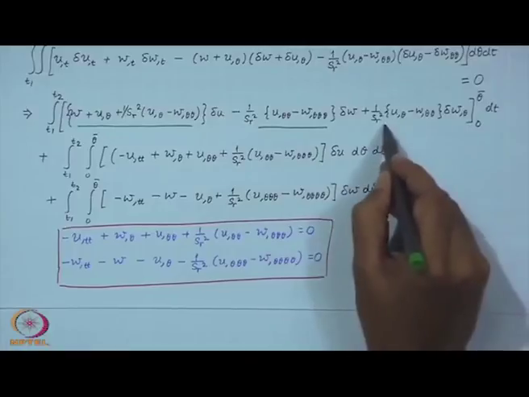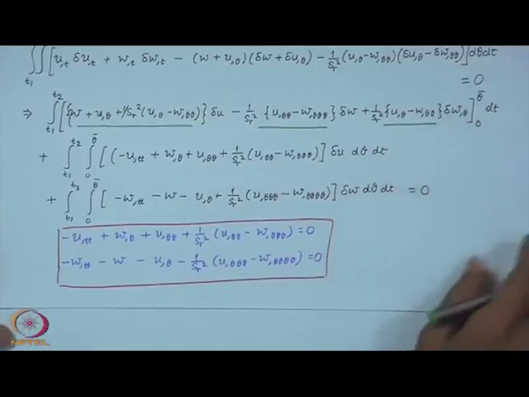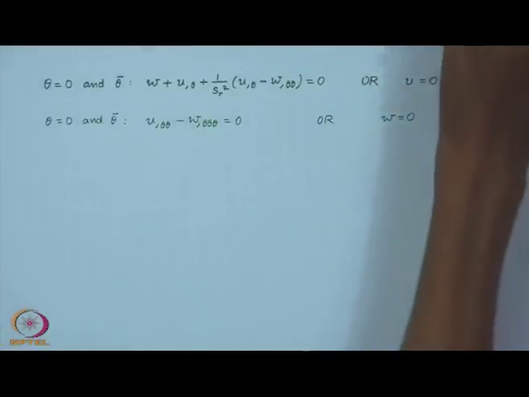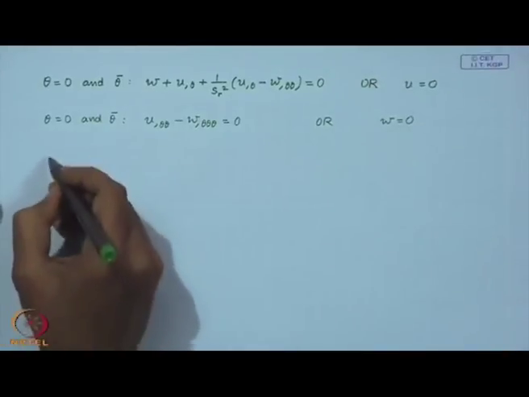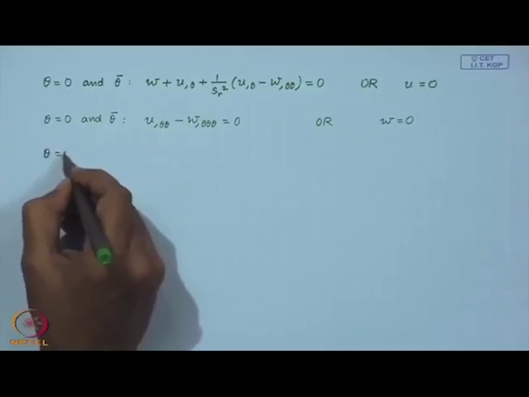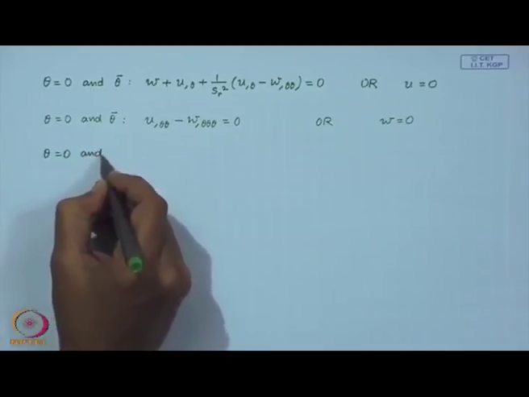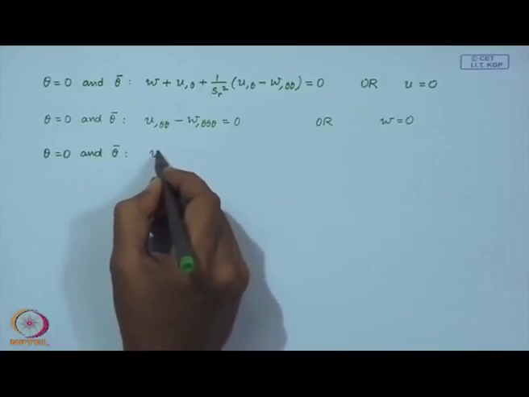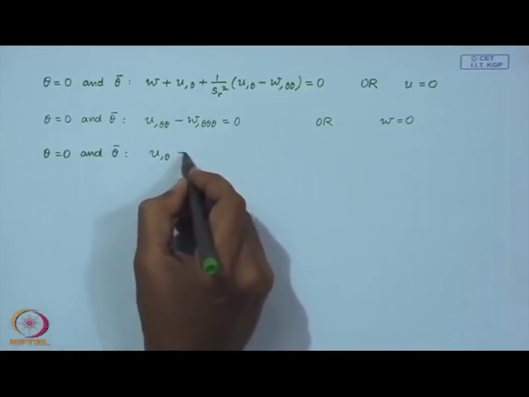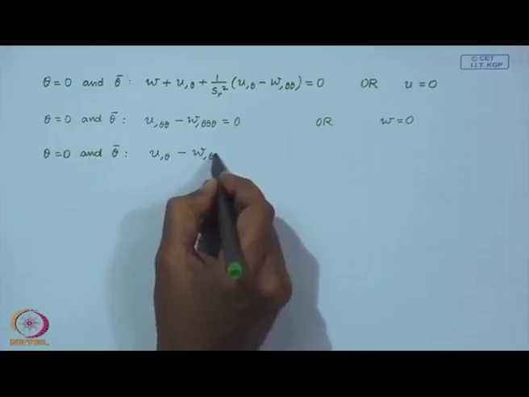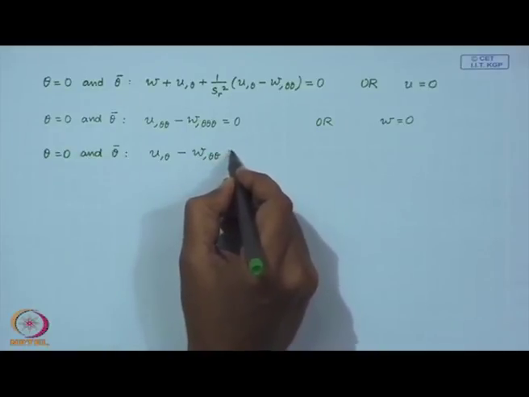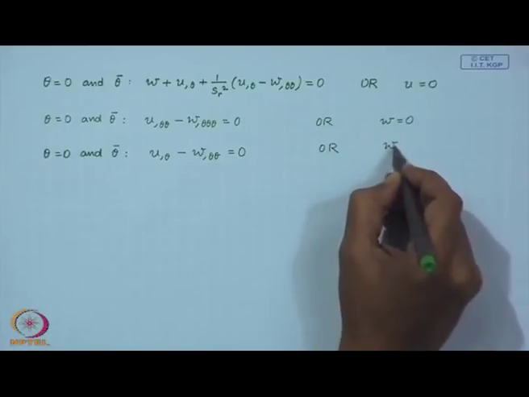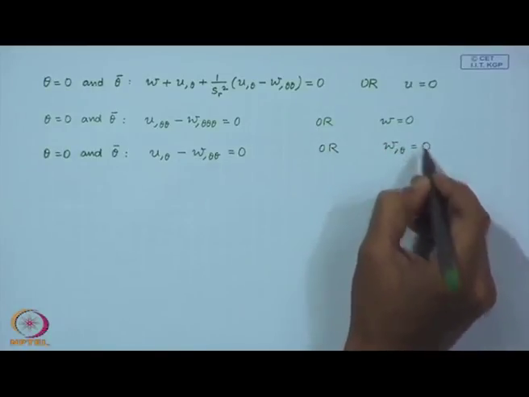There is this third boundary term which is in terms of the slope. So, once again at theta equal to 0 and theta bar, del u del theta. So, this must be equal to 0 or the angle must be equal to 0.